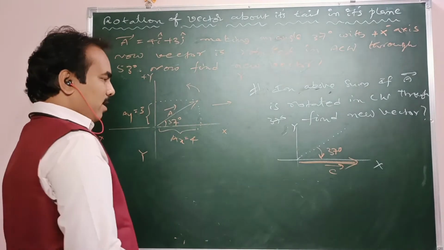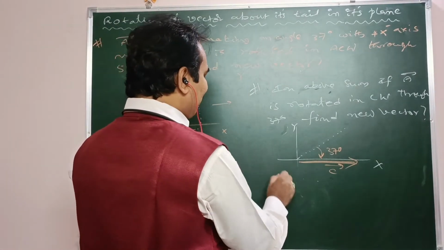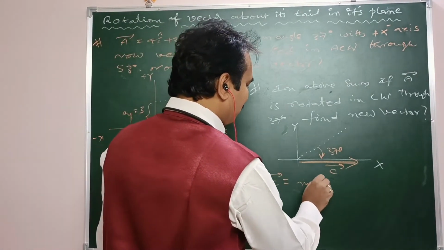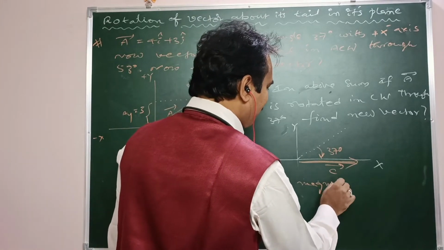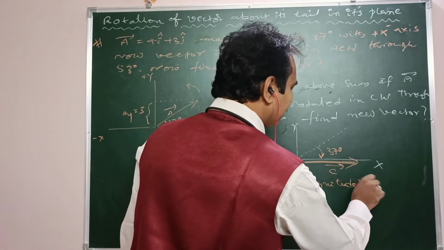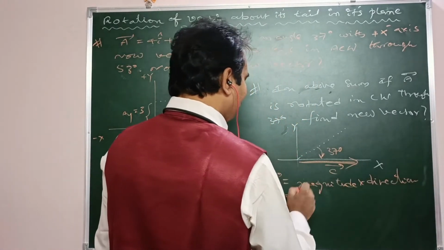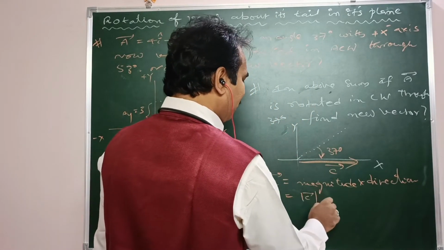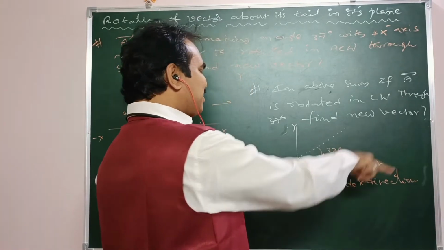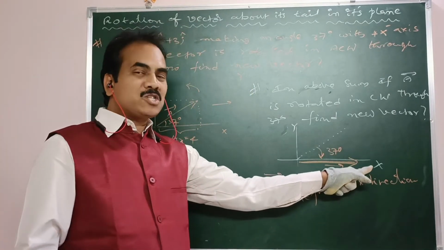Now, what is that c bar? That is the question. Again, c bar equals magnitude into direction. Magnitude means mod c bar, and the direction of c bar is the positive x direction.